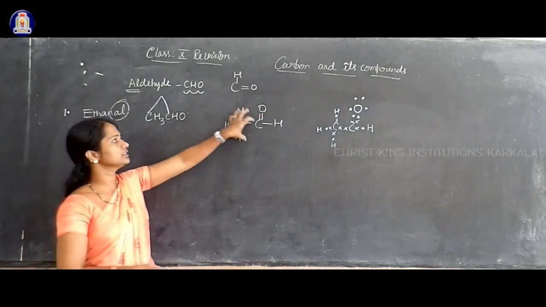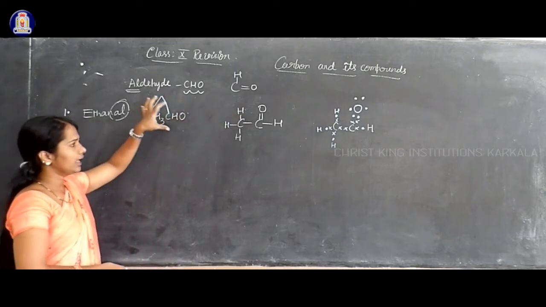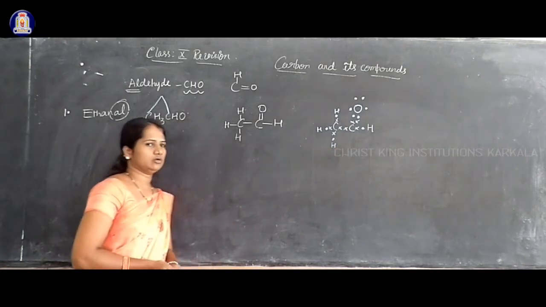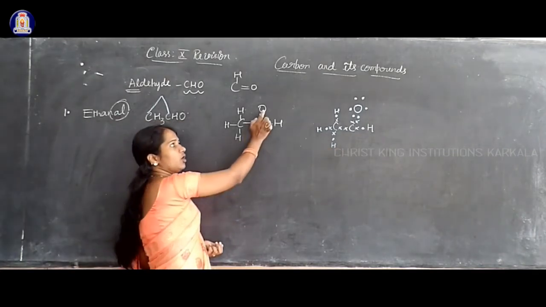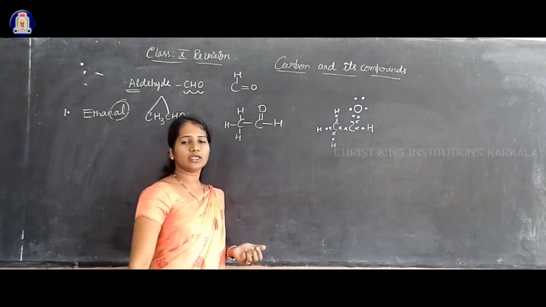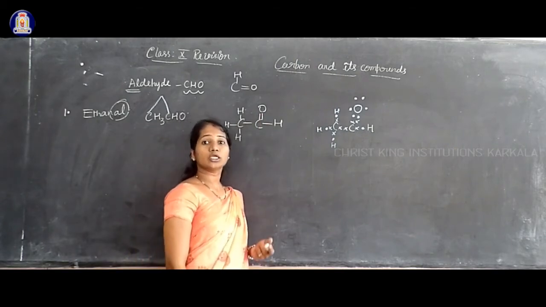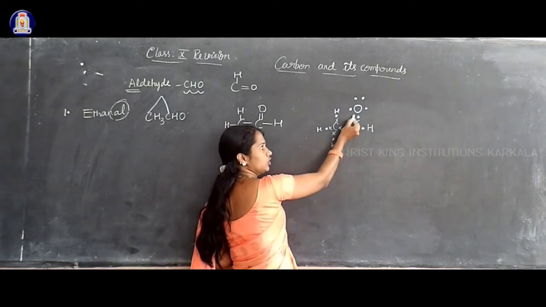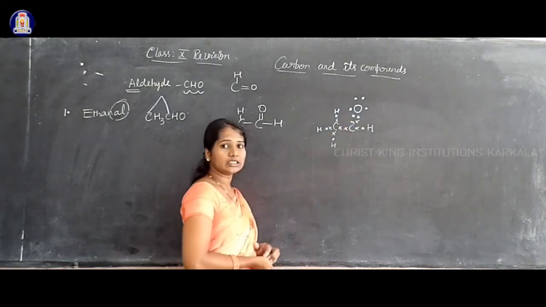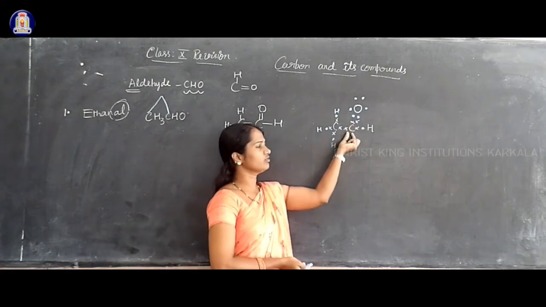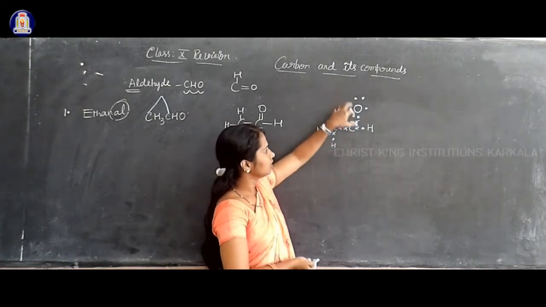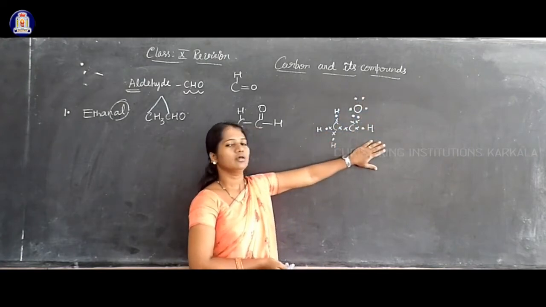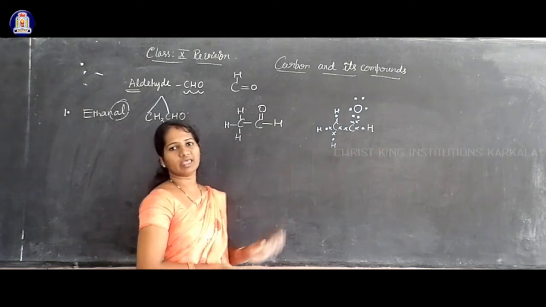Based on this, write the molecular formula, and based on this structure, we can write the electron dot structure. Oxygen has 6 electrons in its outermost shell. Out of 6 electrons, 2 electrons it shares with 2 electrons of carbon, and the remaining 4 electrons we write in this way. So this is the electron dot structure of ethanal.